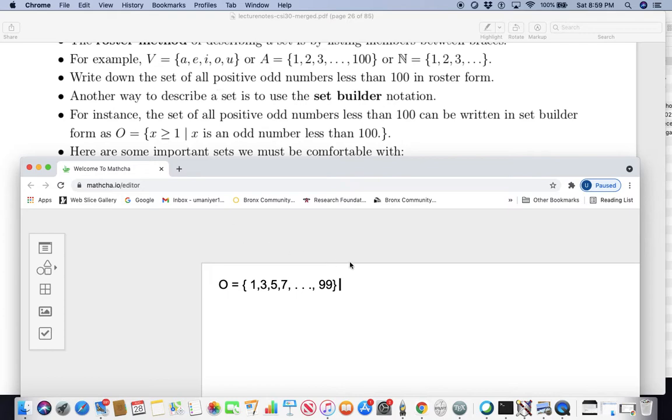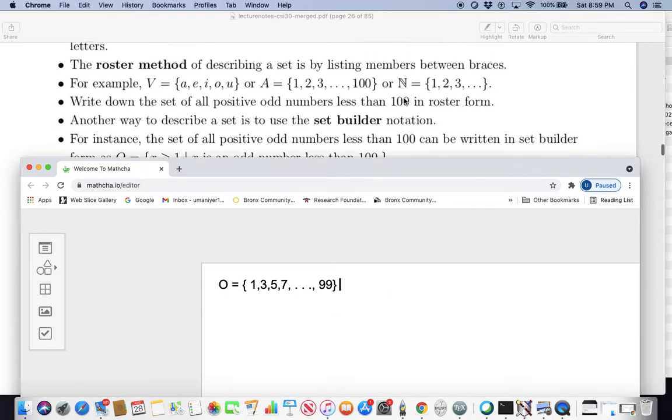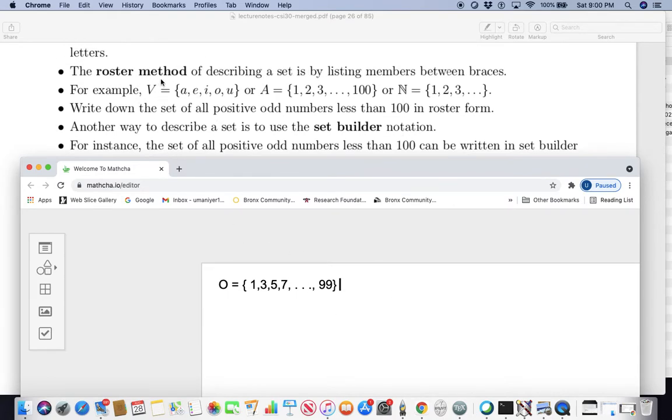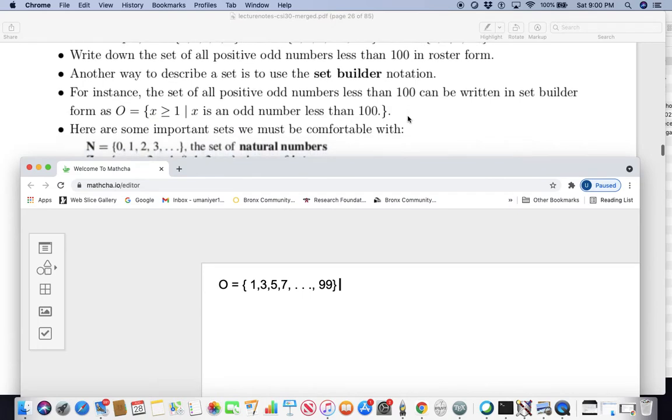This is one way of writing. So this is the roster method. You could use dots because there are many numbers in between, or you could actually list them until 99. That's the set of positive odd numbers less than 100.